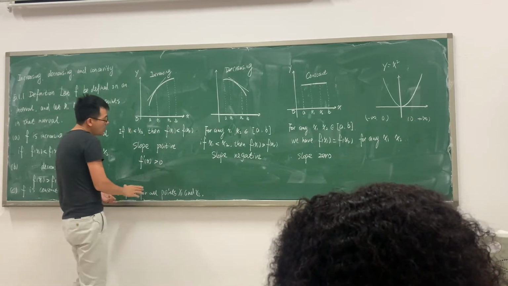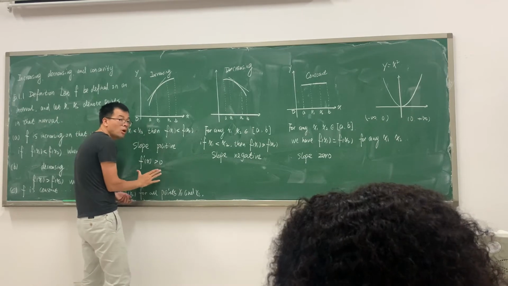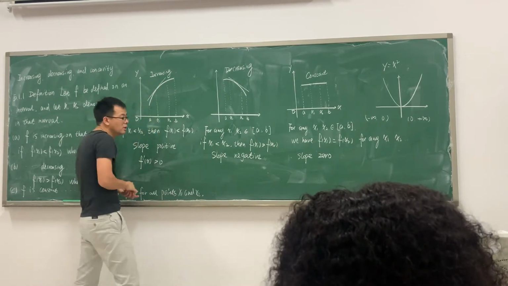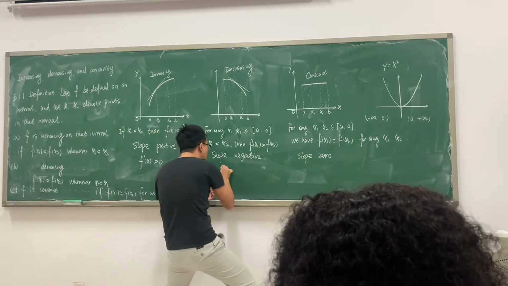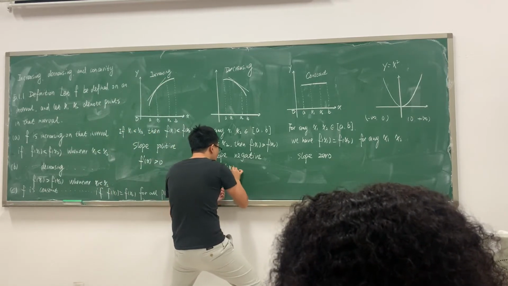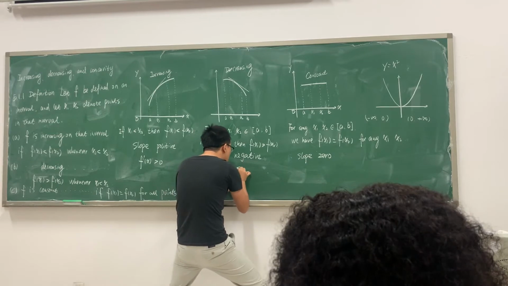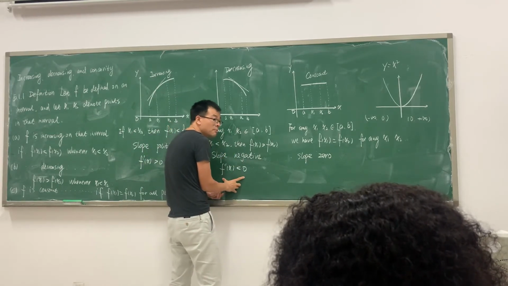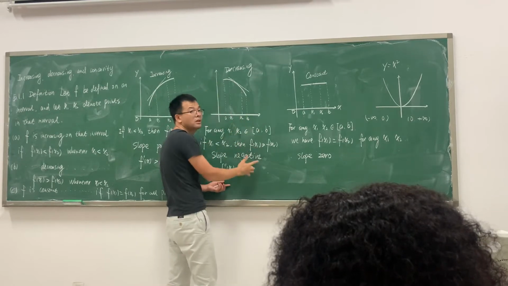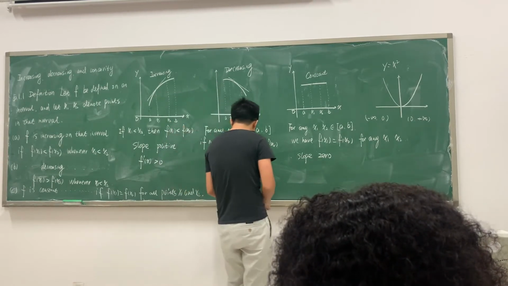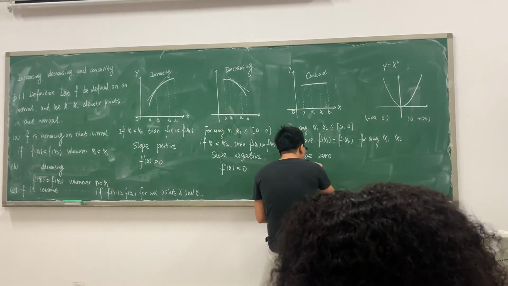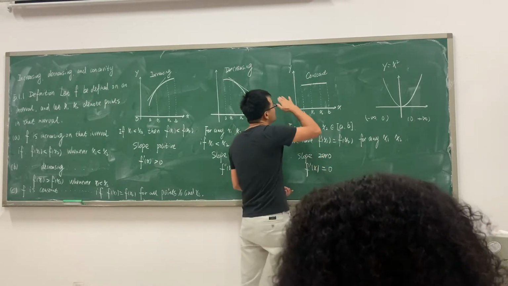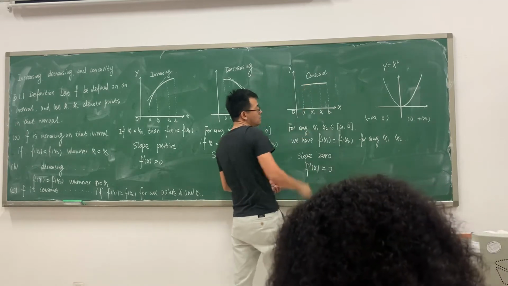So here means if the derivative is positive, then the function here is increasing, and here the slope negative means less than 0. If the slope less than 0 means the function is decreasing. And then the slope is 0, so means this function at this point is a constant.